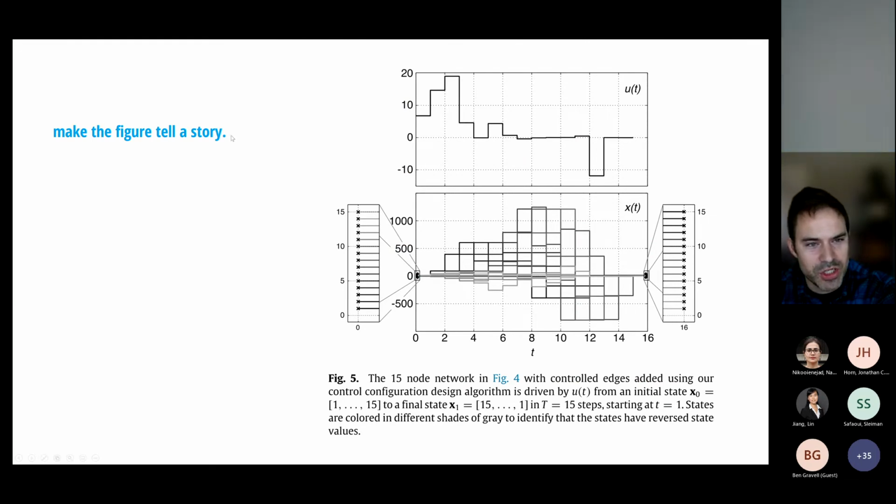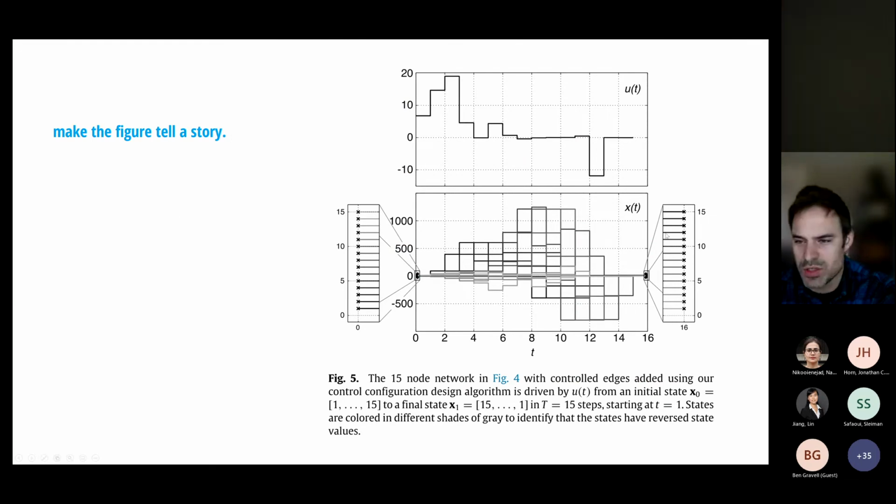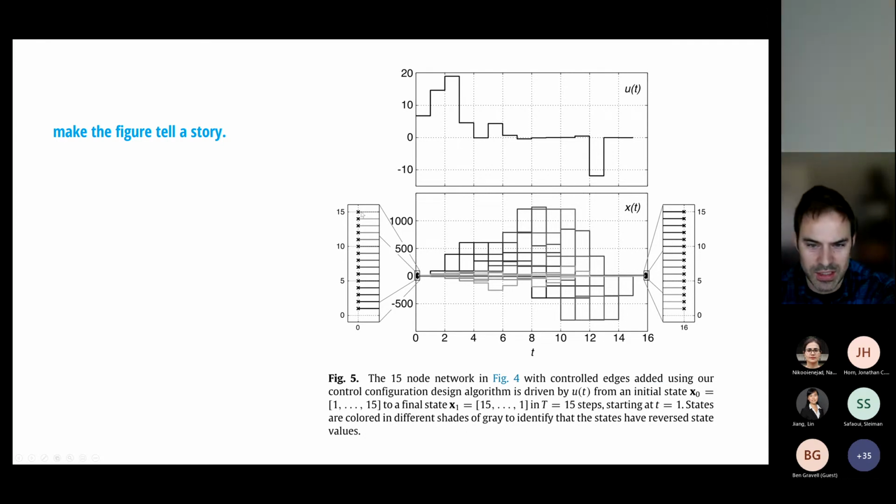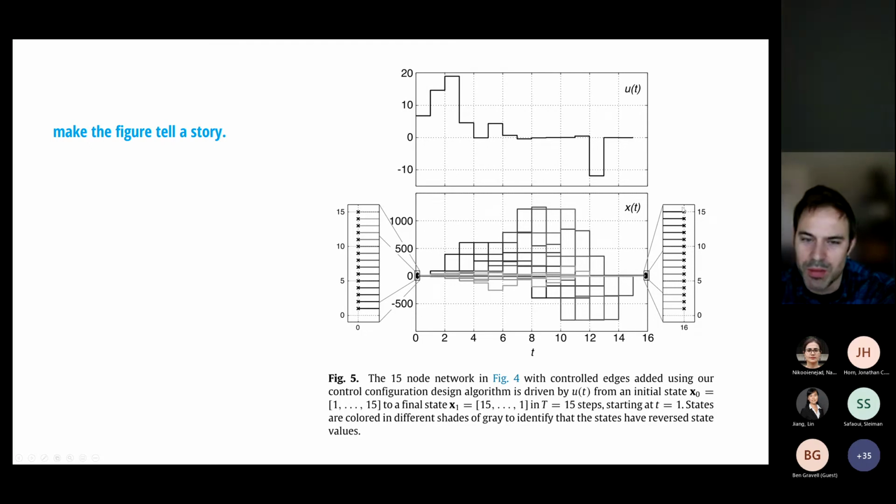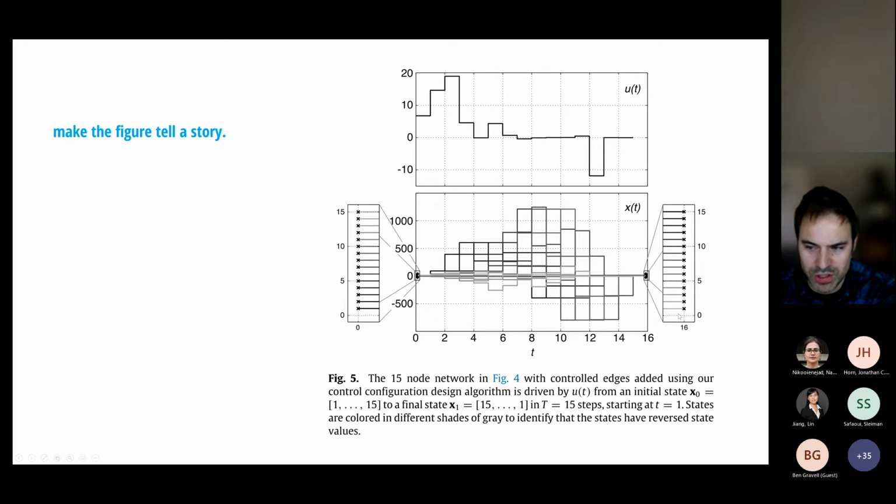So I mentioned that our end goal is to really tell a story. This one's a nice one because all that mattered was that I had a dynamical system that started at these different states, and I was able to demonstrate my ability to control it by driving it to another state. I picked a set of arbitrary states, 1 through 15, and then those swapped, so 1 went to 15, 2 went to 14, and so on.